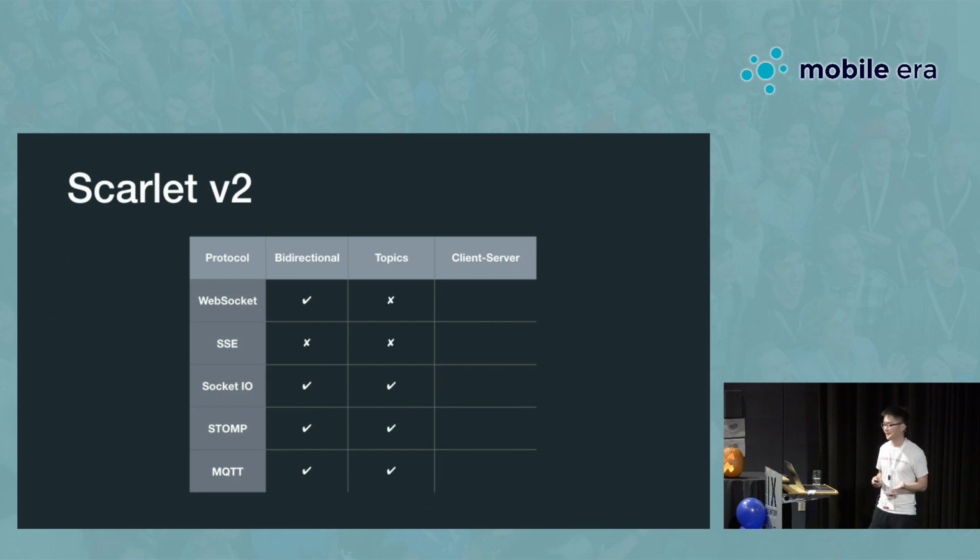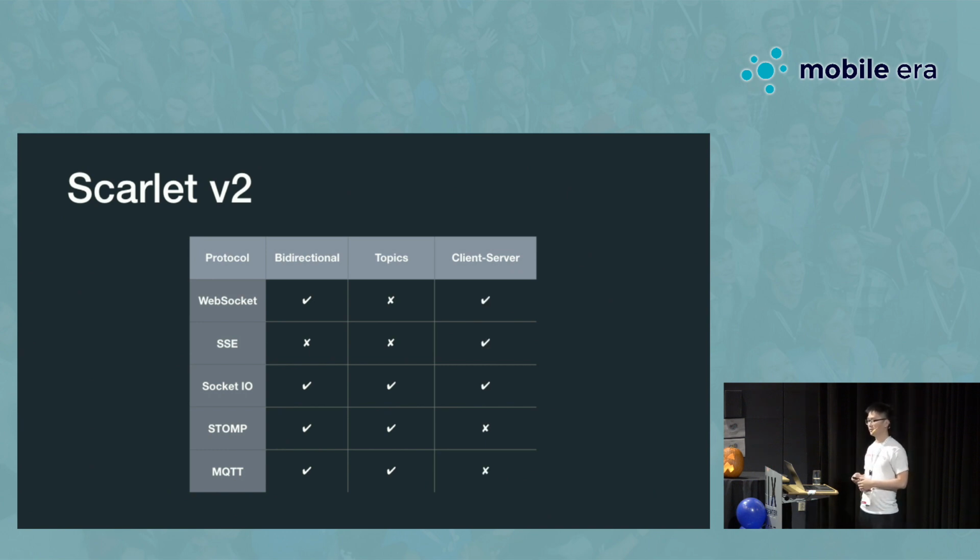While WebSocket and server-sent events have only one channel, other protocols support multiple topics and behave like message queues. For example, if you are building a chat room app, you can have a new message topic only for incoming messages, and you can have a user count topic that only notifies you when a user joins or leaves the chat room.